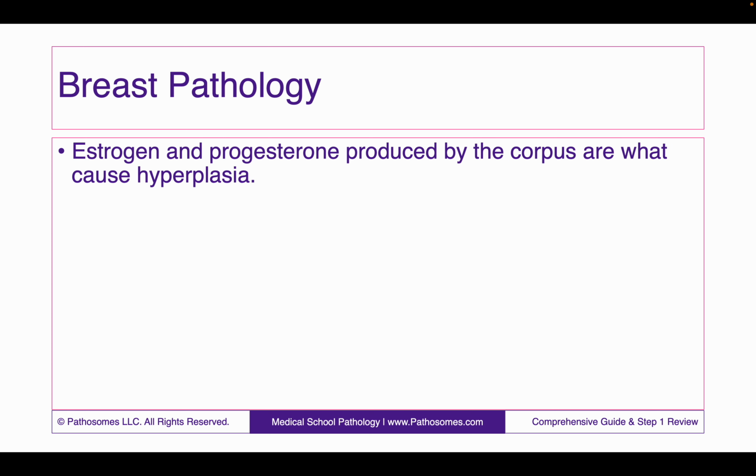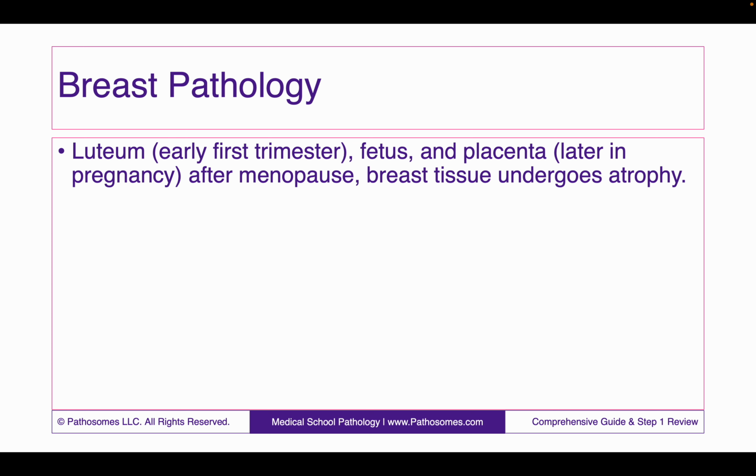Estrogen and progesterone produced by the corpus luteum, or early first trimester fetus, and placenta, and later in the pregnancy, like after menopause, breast tissue undergoes atrophy.